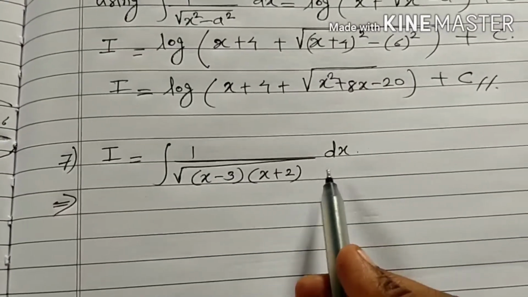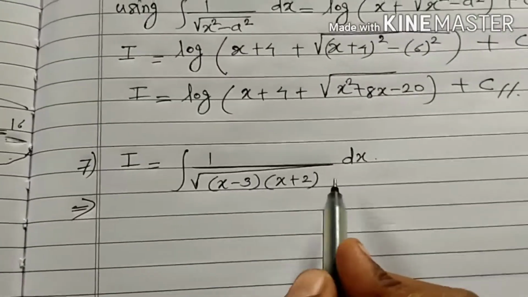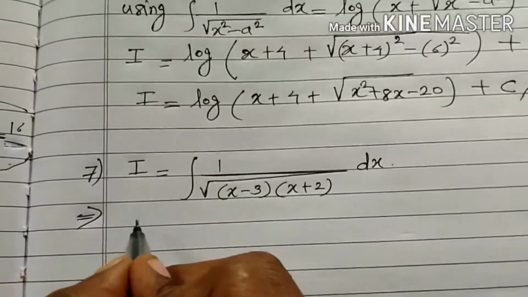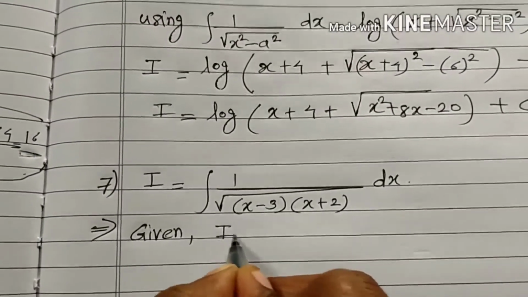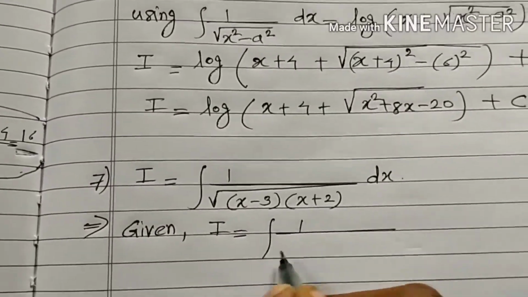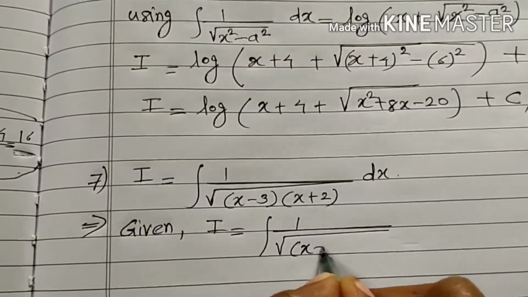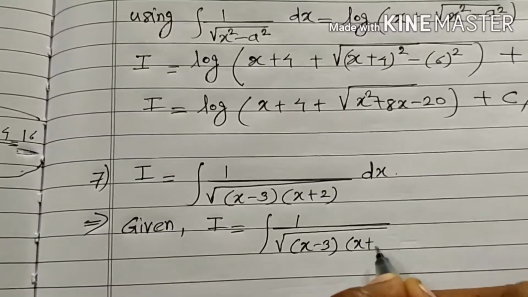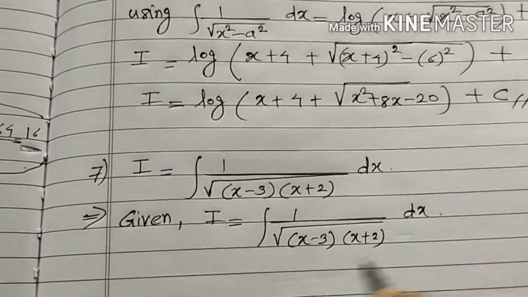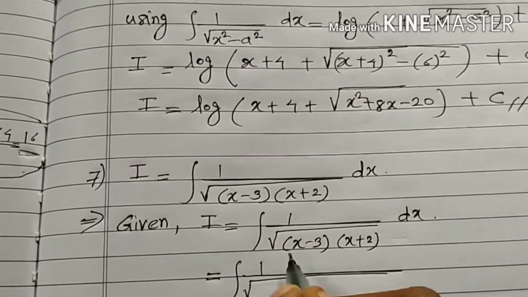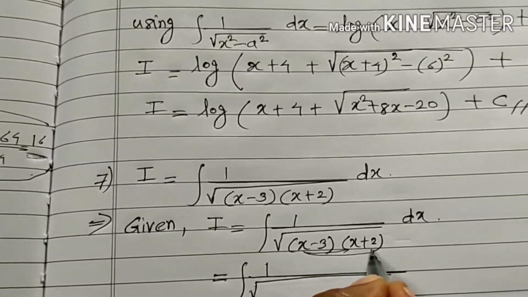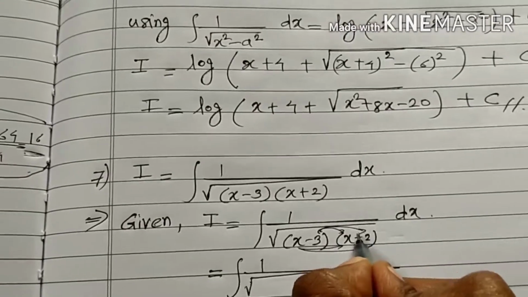Now the next example is I is equal to integration of 1 upon under root of x minus 3 x plus 2 dx. So first, students, solve this bracket. Before that, write the given: x minus 3 x plus 2 dx. Now multiply it first with this, then this, and then this last.